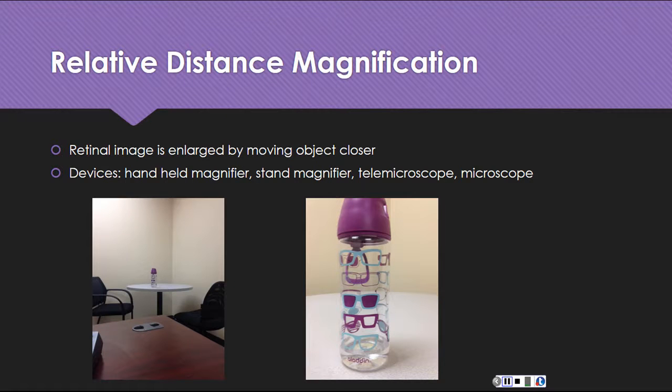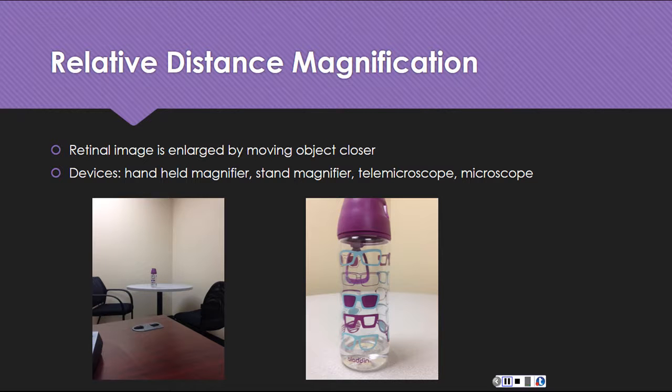The next thing that we do is relative distance magnification, and that's just by moving closer to the object of interest. With low vision devices, we're bringing that object closer, either optically using a microscope, which is pretty common. A patient's own accommodation, just by bringing things closer, is going to make the retinal image size a bit larger.